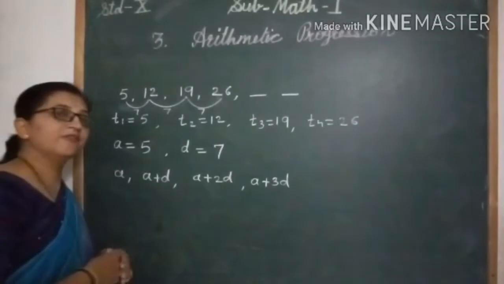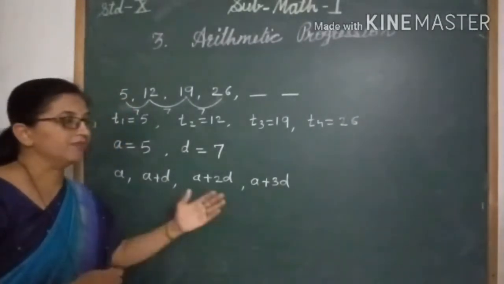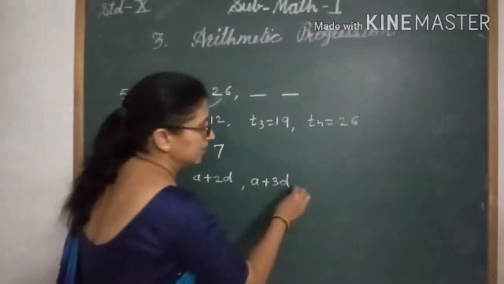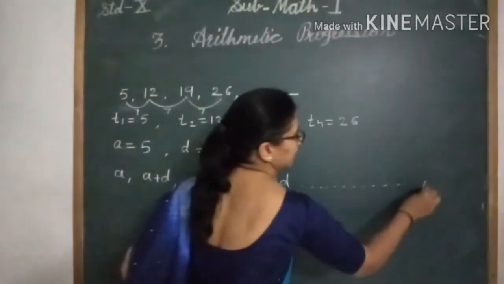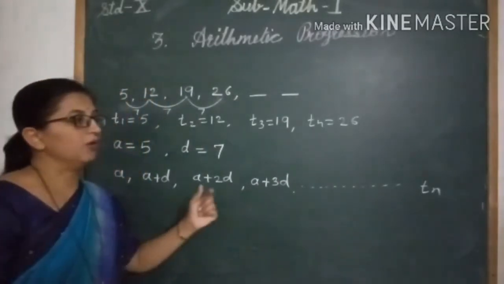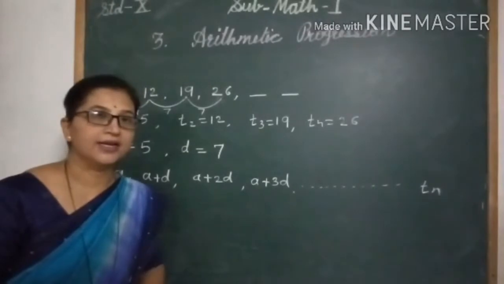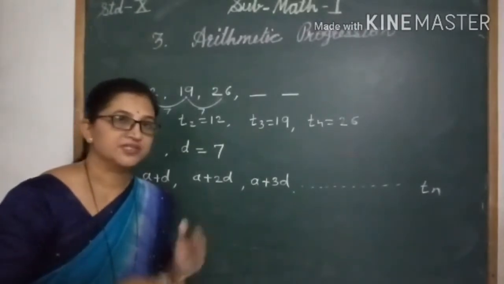Now dear friends, if you want to find out any term, then how can we find that? In the end, that last term will be denoted by Tn. And if we want to show this Tn in the form of A and D, then how can we write it? It's very simple.